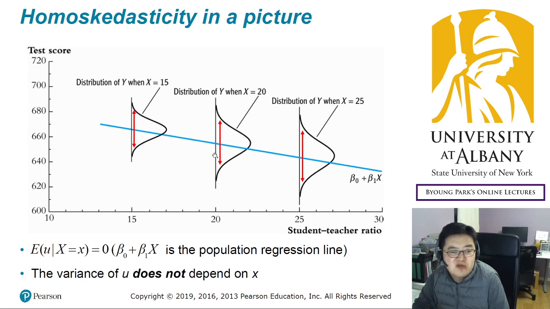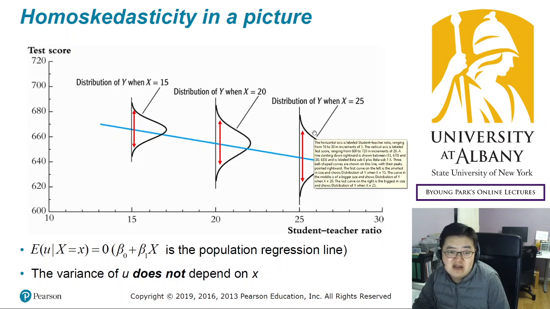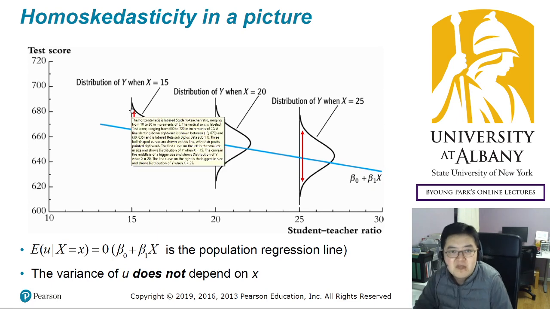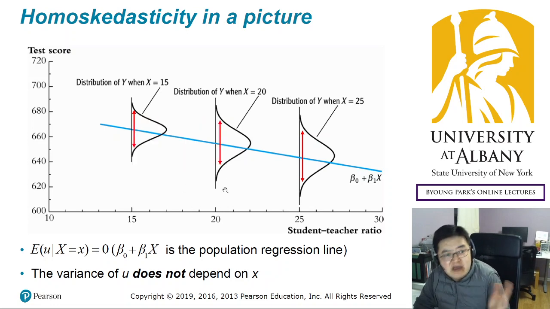If you compare this, and if you believe this distribution is more dispersed, has a larger variation than this one, then that's heteroscedasticity. Anyhow, the point here is if you have the scatter plot, then you can approximately tell what's going on. And if the difference is clear, then it's clearly heteroscedasticity.